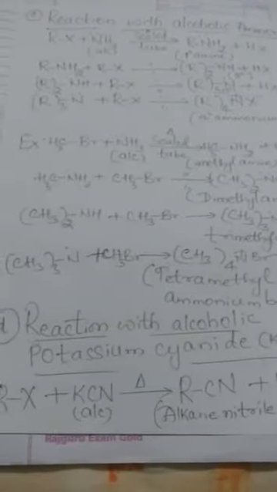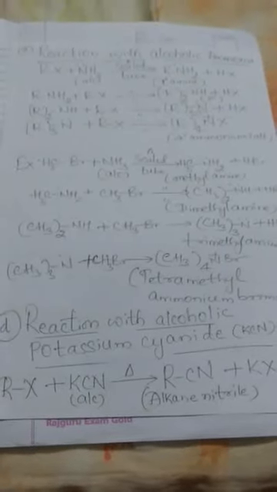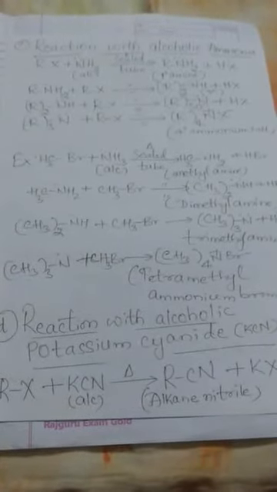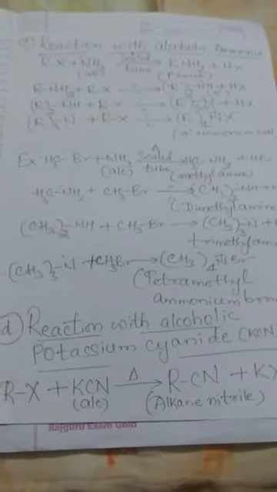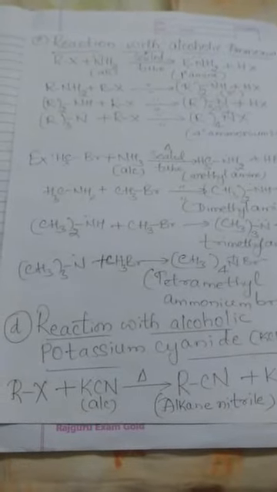Now the next reaction is reaction with alcoholic potassium cyanide, KCN, dissolved in alcohol. Now CN nucleophile, the cyano group, replaces X minus nucleophile and the product formed is called alkyl cyanide. Alkyl cyanides in the IUPAC system have the name alkane nitriles.